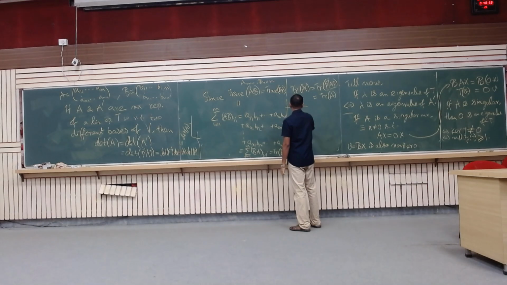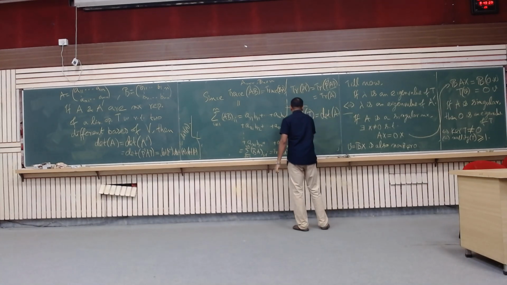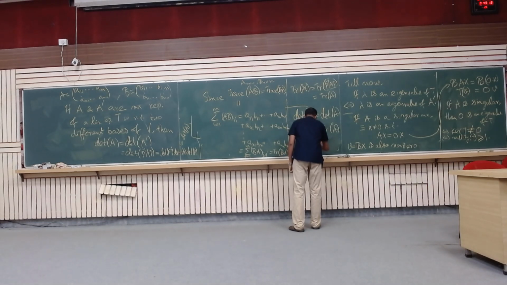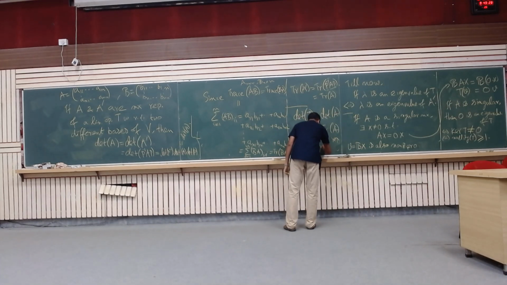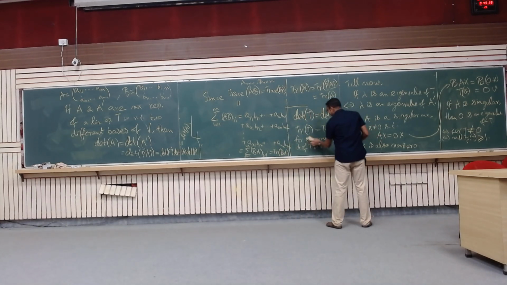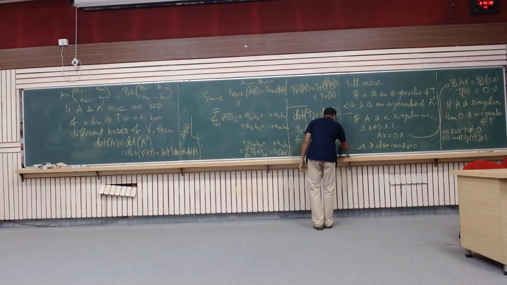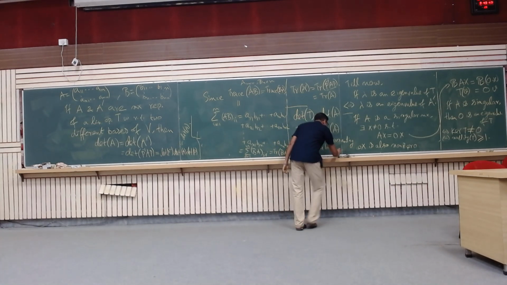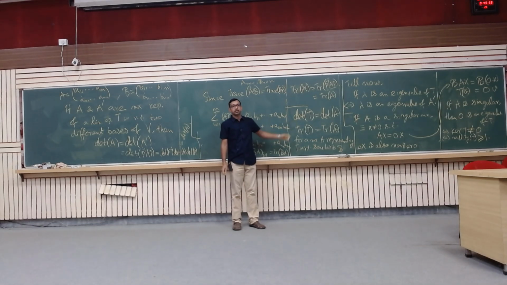And this we may define as the determinant of T, as the determinant of A, and trace of T as trace of A, for a matrix A representing T with respect to some basis B of V. So we just defined the determinant of a linear operator or trace of a linear operator just as the determinant or trace of the corresponding matrix with respect to some basis.